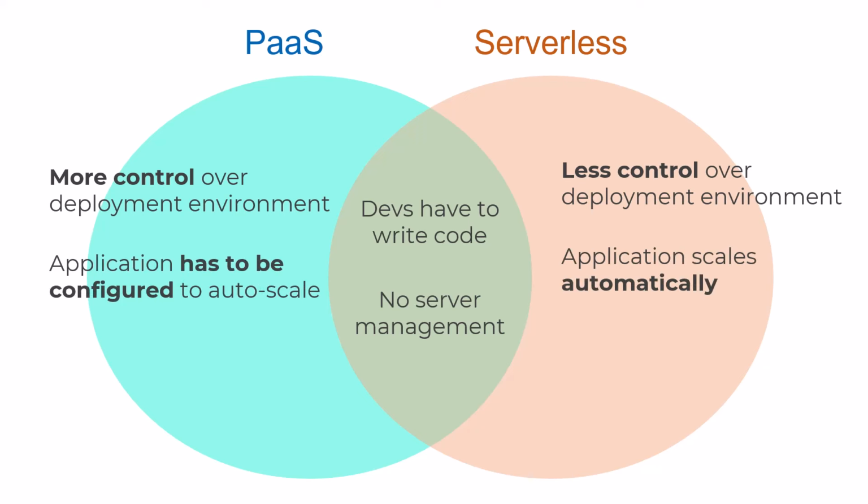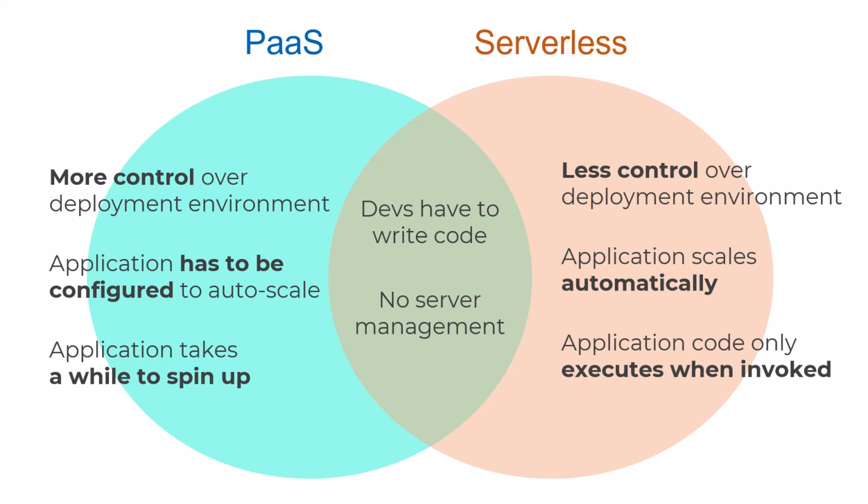In platform, the application has to be configured to auto-scale. On the serverless side, the application scales automatically. You might have some minor responsibility to select the right SKU, but it's going to scale automatically. And on the PaaS side, the application takes a while to spin up, while on the serverless side, application code only executes when it's invoked, which means on the whole, it is typically running less, which means it's going to be more efficient in terms of compute and, generally speaking, less expensive.